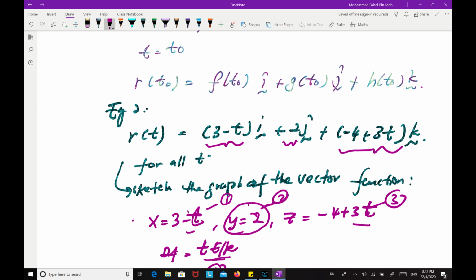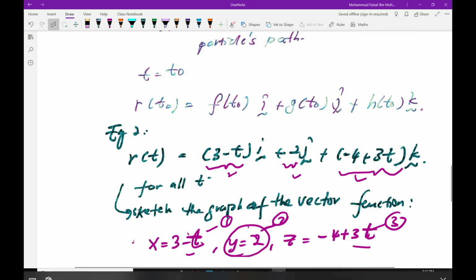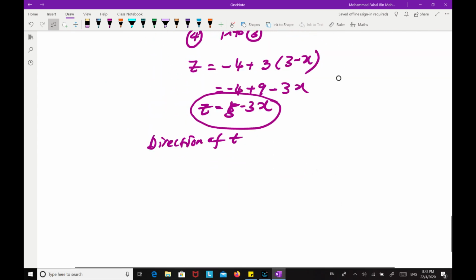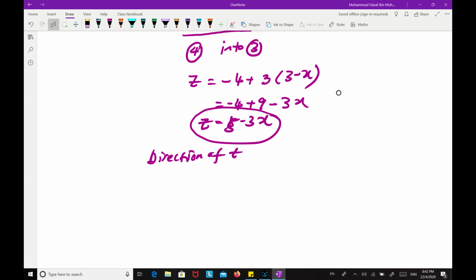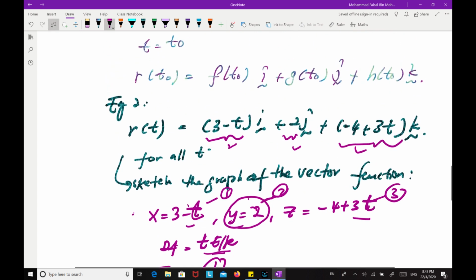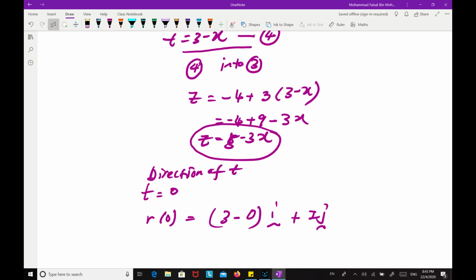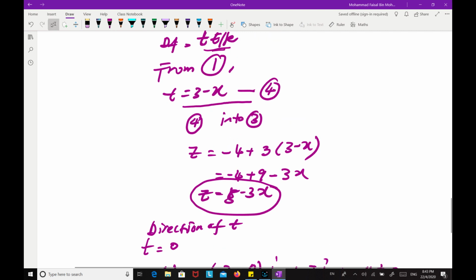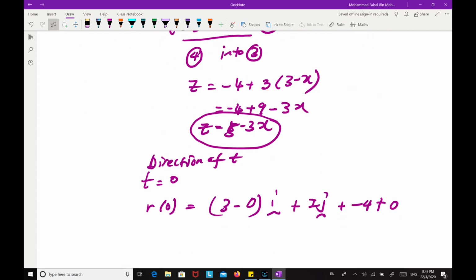Let's say I choose t equals 0. Then r(0) is (3 minus 0) i plus 2j plus (negative 4 plus 3 times 0) k.